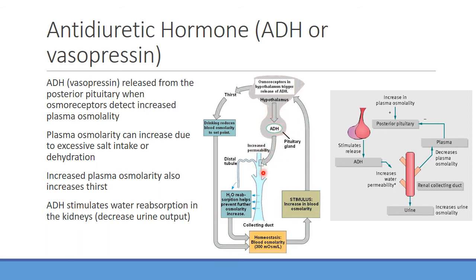That's going to increase the permeability of things like the collecting duct in the kidneys to retain more water, right? So water reabsorption helps to dilute out that osmolarity, helps it to go down, and that should maintain us at a normal blood osmolarity. We mentioned that is around 300 milliosmoles per liter or so. And again, you're going to be drinking more water, hopefully, and hopefully that will dilute things out, and then you're back at baseline.